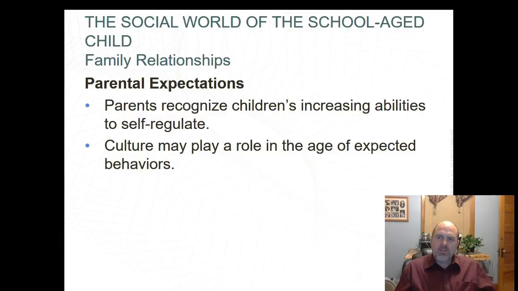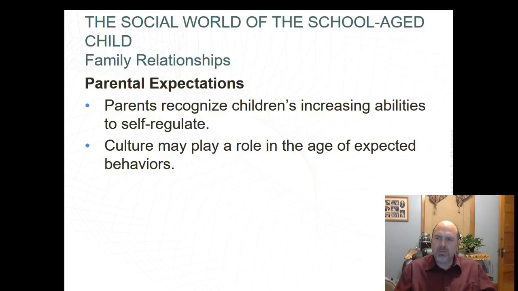Now, parental expectations. Parents recognize children's increasing abilities to self-regulate. This is the ability to conform to parental standards of behavior without direct supervision. Parents must be good at self-regulation themselves; they have to model it. Higher expectations could be coupled with parental monitoring, increasing self-regulation.